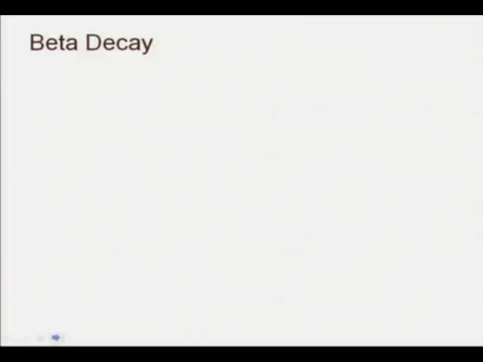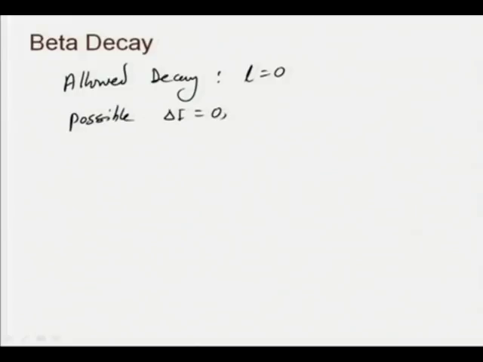All right. Now, let us take some examples, so let me write it first as a summary. So, allowed decay, which means L equal to 0, some terminologies, and pure Fermi. So, Fermi type, possible delta I equal to 0 and 1, that is one thing.